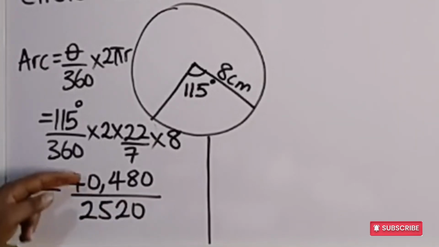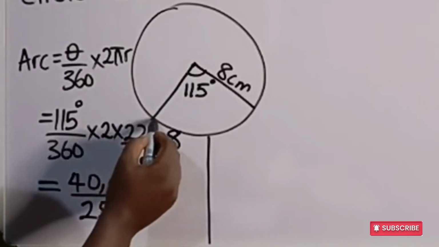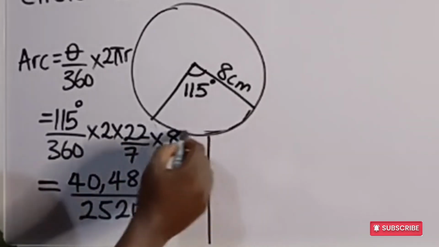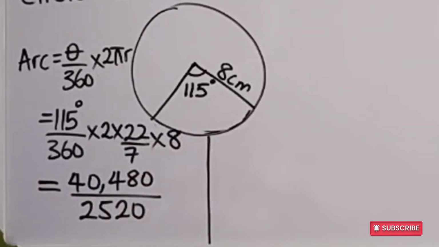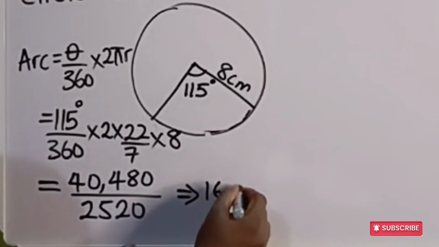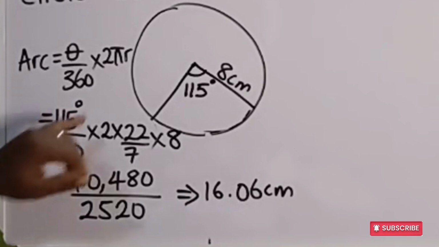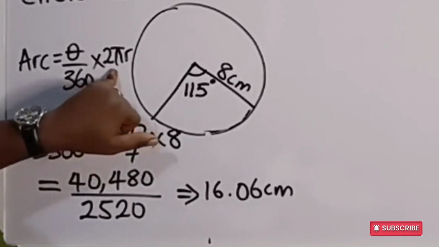So now you can divide 40,480 divided by 2,520. 16.06. So that means this arc length, this length here is 16.06 centimeter. So I'm going to write it here. 16.06 centimeter. Remember, for the arc length, we used the circumference.